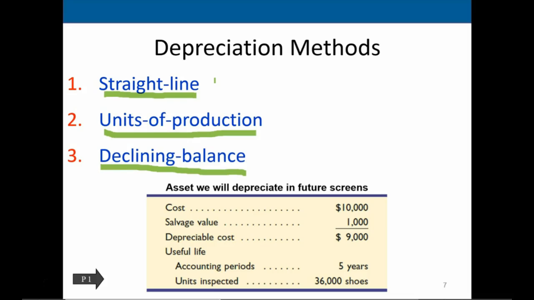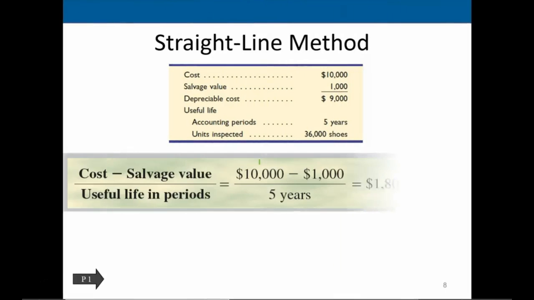Therefore, it should be reasonable for us to expense more of the cost of the machinery in its early years rather than its later years. And that would be a form of declining balance. That also makes our income lower, which happens to be good for taxes. So the declining balance method is often a preferred method for companies if they're trying to lower their income for taxes.